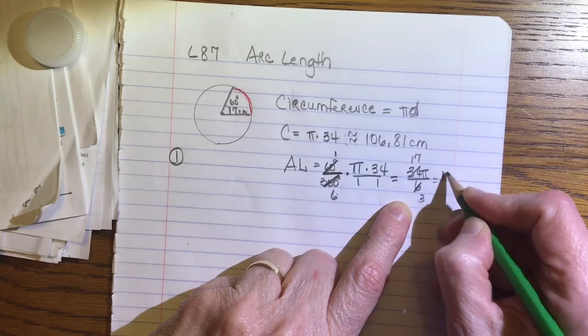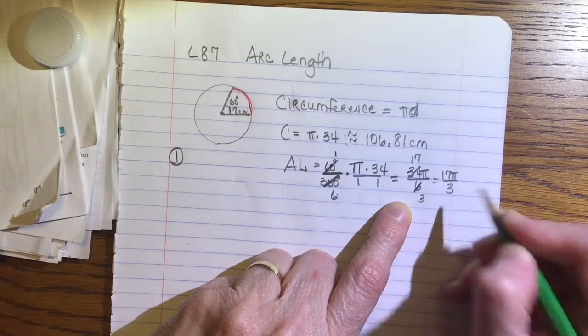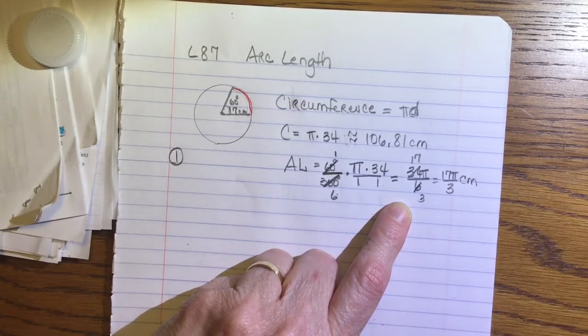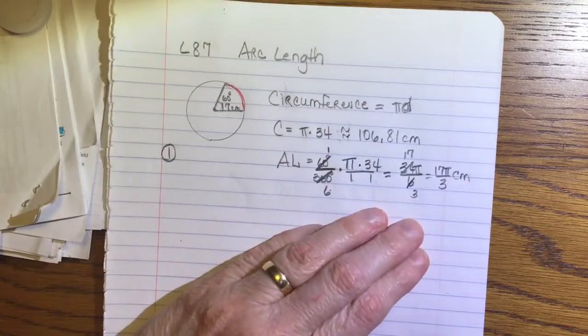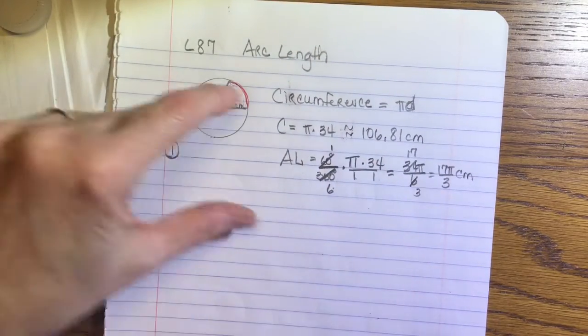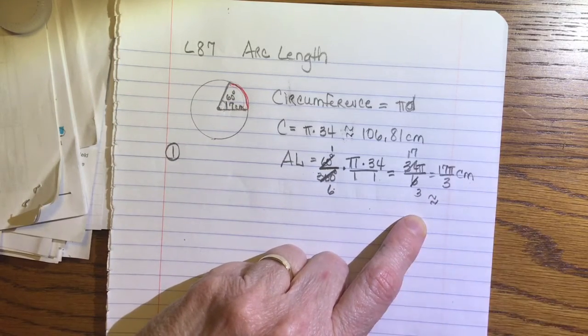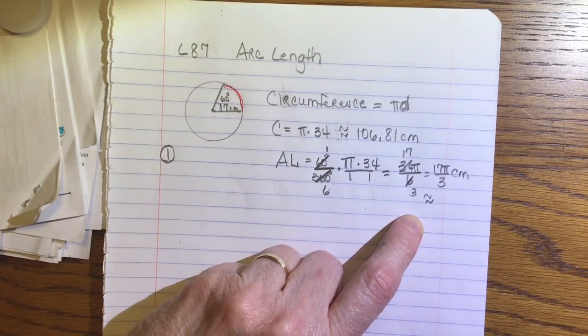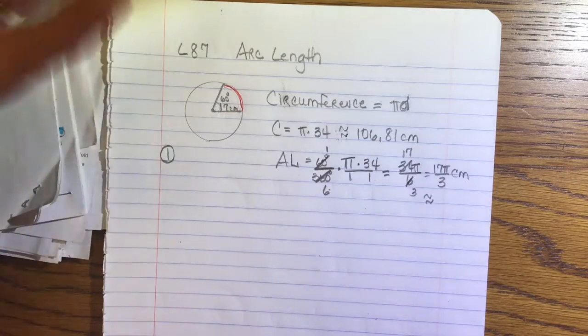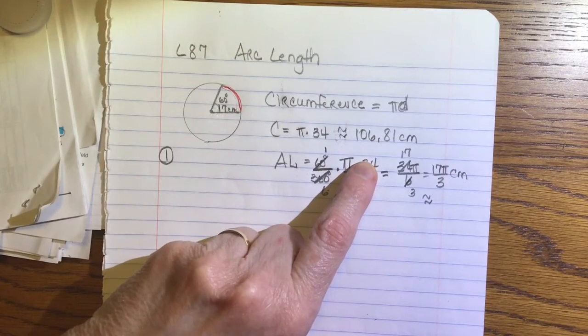But we've had that discussion about what is the exact answer. Sometimes in a college level class, they would want to know what's the exact length of that arc. Well, we're probably more interested in it by the decimal because that makes a little bit more sense to us as we divide it out.